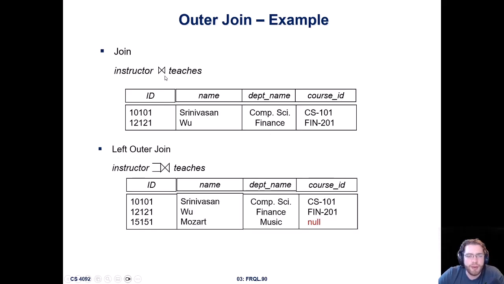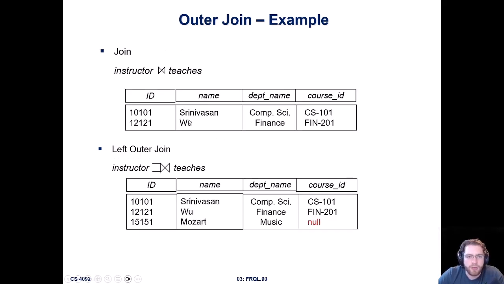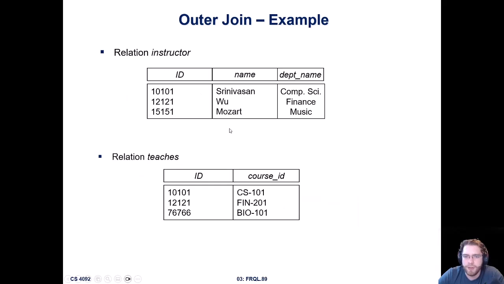So instructor and teaches will be joined. And it looks like we picked the IDs that were shared between the 2 of them, 101, 121. And it looks like we joined our Srinivasan and Wu individuals with that one. So we just got the 2 IDs, department names, and course IDs that existed.